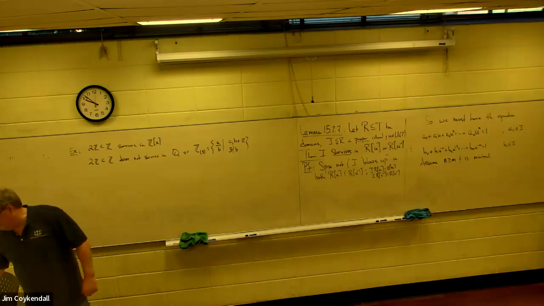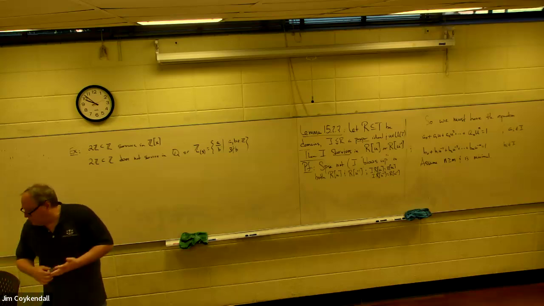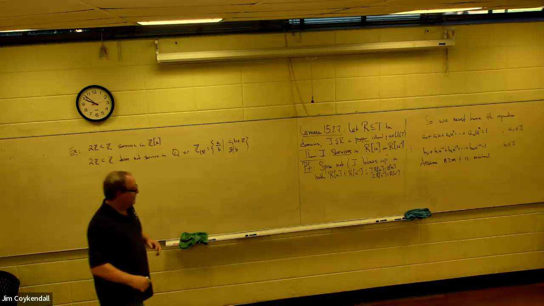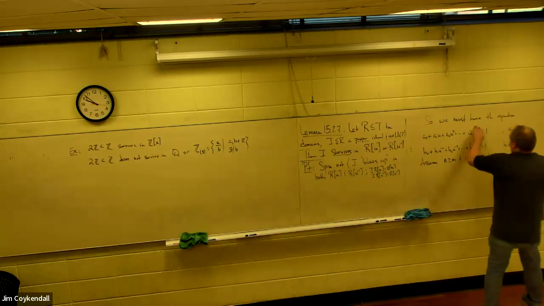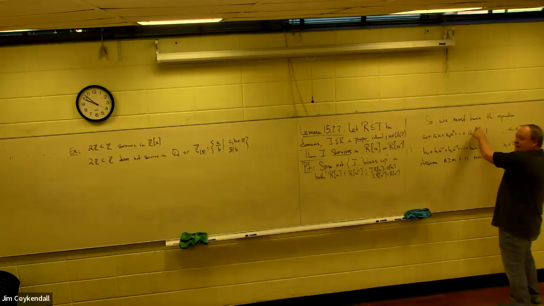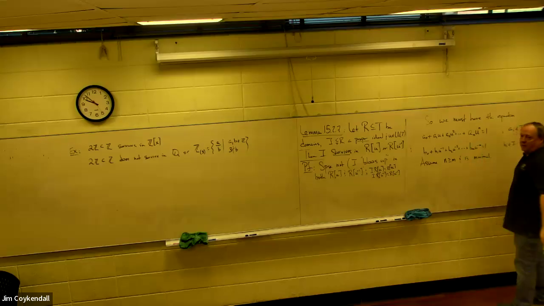What I'm going to do is assume that one of these is less than or equal to the other, and I'm going to assume that in terms of U, this n is minimal, right?